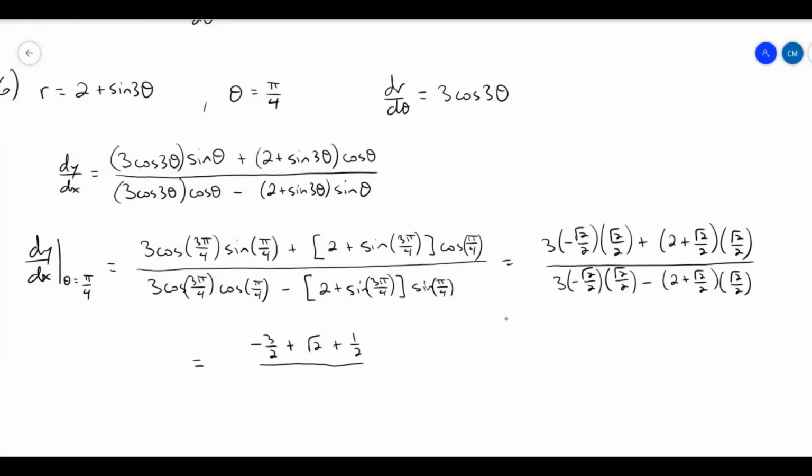And then the denominator will be exactly the same, so negative 3 halves minus, and then that's exactly the same. Okay, and then combining this stuff, we get minus 3 over 2 plus 1/2, so minus 2 over 2, so minus 1. So we'll get root 2 minus 1. The denominator will get minus 3 halves minus 1/2, it's minus 4 over 2, so minus 2. Minus root 2 minus 2 there.